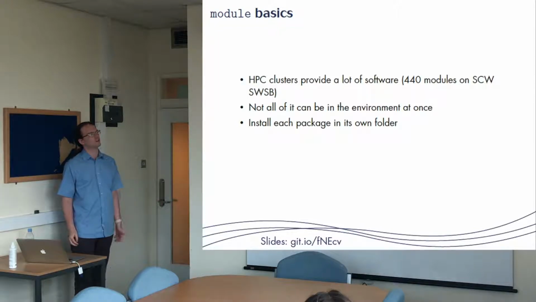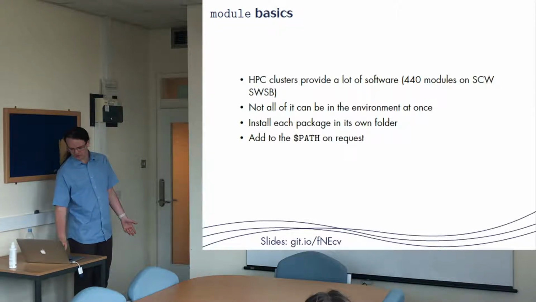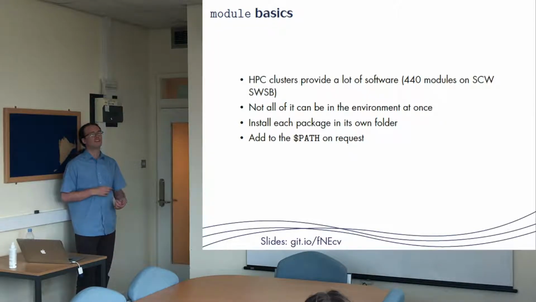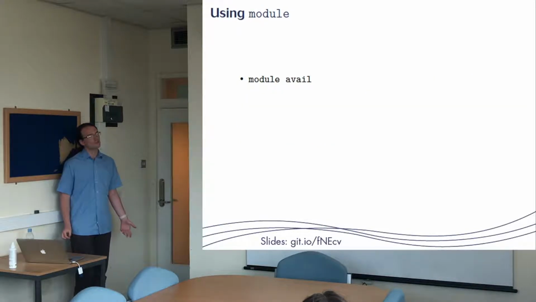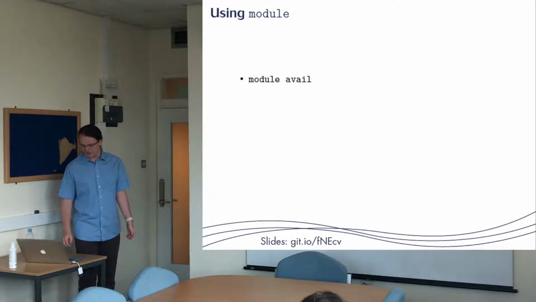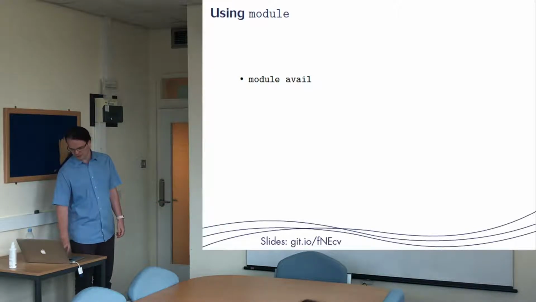So to do this, we can install each package in its own folder, and then on request, add the package location to the path, and also to man path, and edit any other environment variables that software sets when it's installed. So to use module, we can say module avail to list what modules are available.